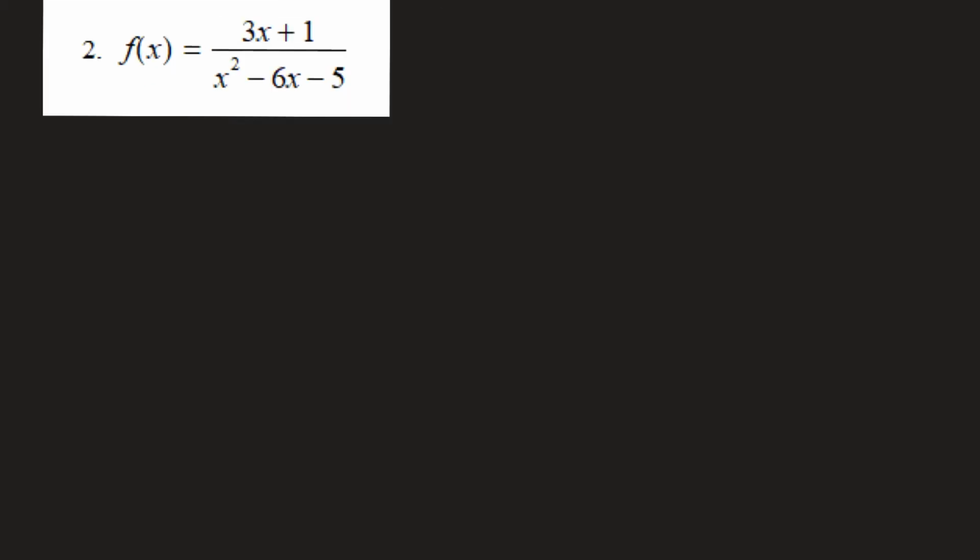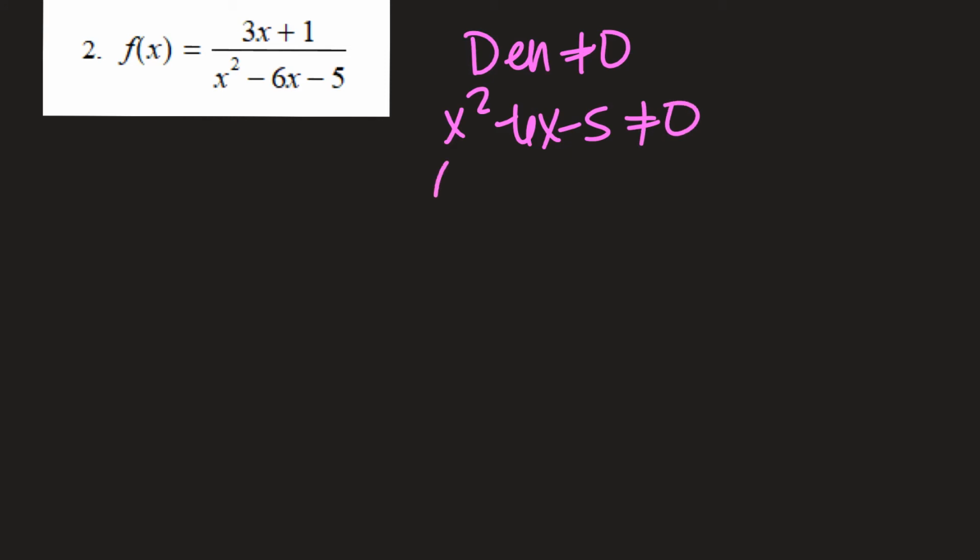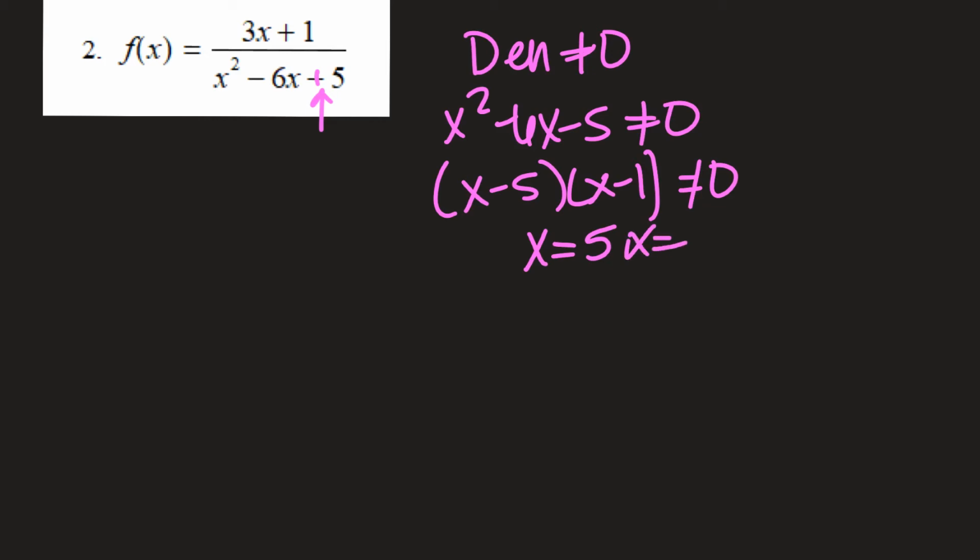Okay, so for this problem, the denominator can't be 0, so we need to figure out what makes the denominator 0. So that factors, sorry, this should be a plus sign here. So then we have x is equal to 5 and x is equal to 1.